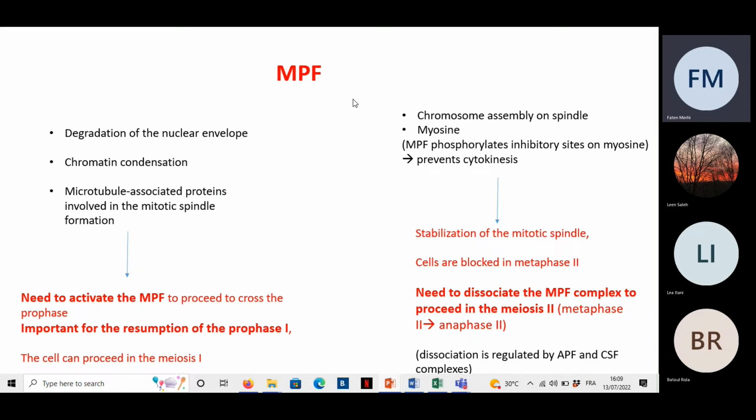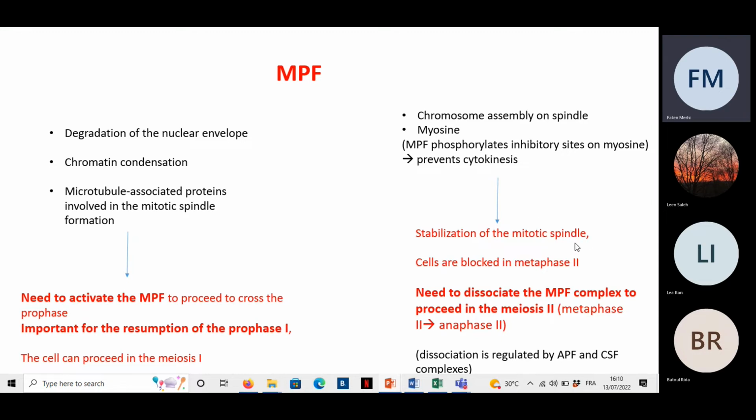However, this MPF also affects the microtubule spindle and the chromosomes assembly on the spindle. And that's why during the meiosis 2, it will lead to the stabilization of this spindle.